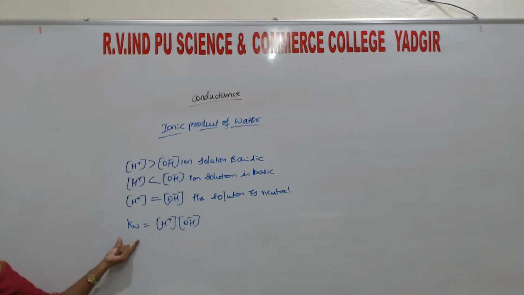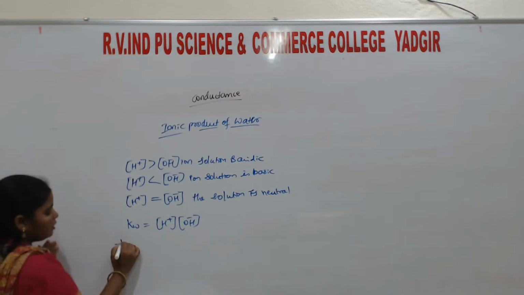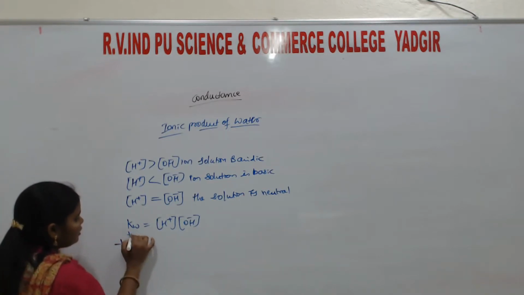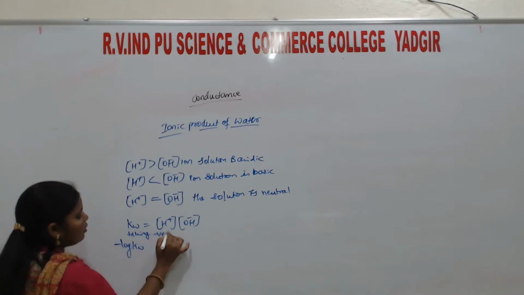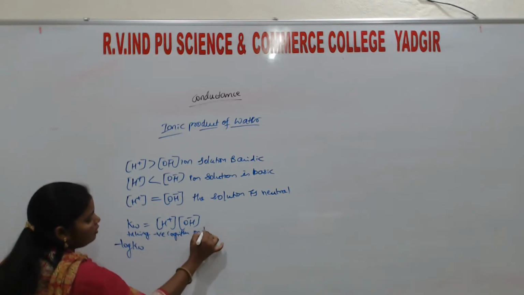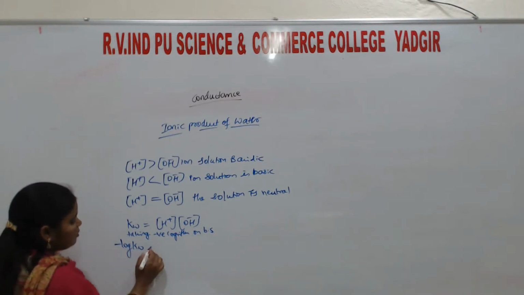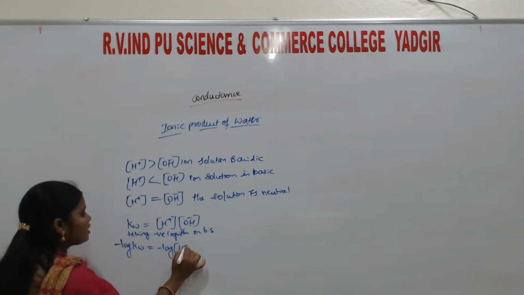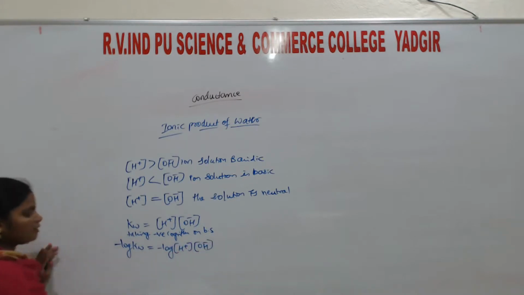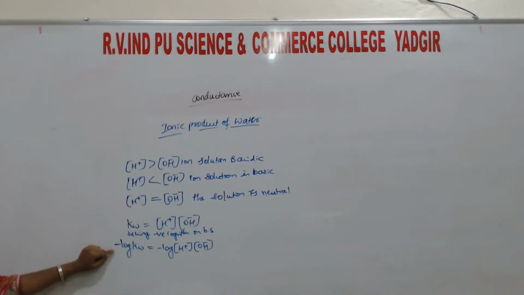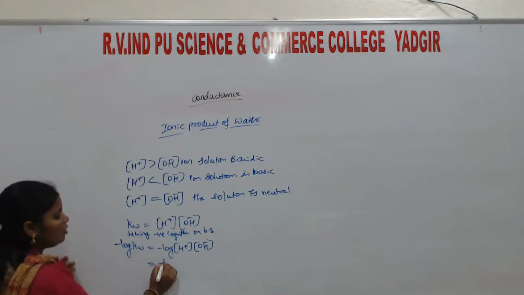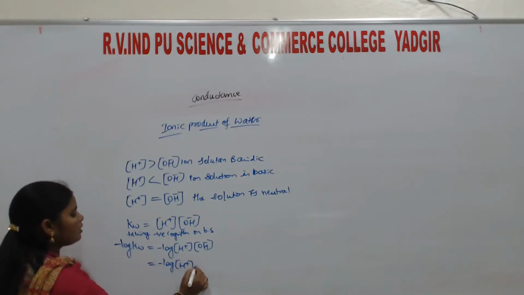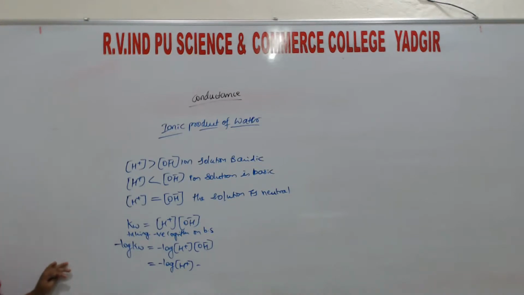Here negative log of Kw is equal to negative log of [H plus][OH minus], therefore this is equal to minus log of H plus and minus log of OH minus.